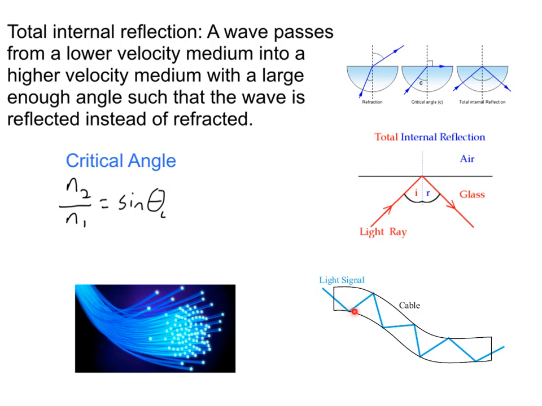So we put light in, and it reflects down, always greater than the critical angle, so it never refracts out. So the light stays captured in the cable, and light travels at the speed of light. In glass, it's a little bit slower, but it's still approximately 3 times 10 to the 8th meters per second, meaning that the information we're trying to send down the cable can get to its destination very quickly.